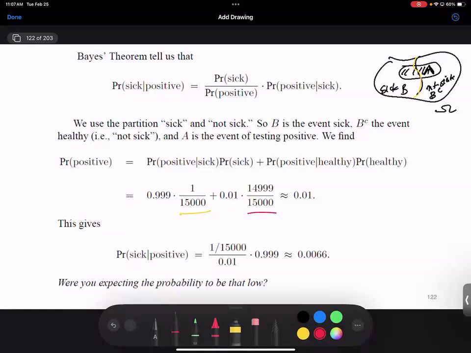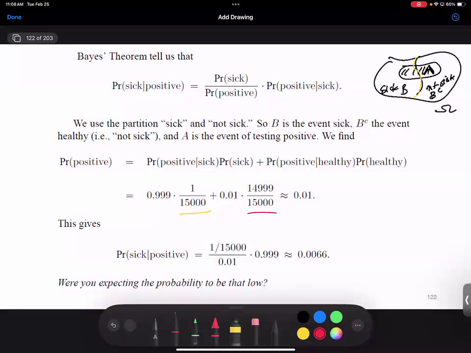So the probability that you test positive, I'm saying it's about 0.01. Is it actually 0.01? Yes or no? Is it exactly 0.01? No. This first number here, I basically have 1 times 1 over 15,000. What is that approximately? Approximately 0.